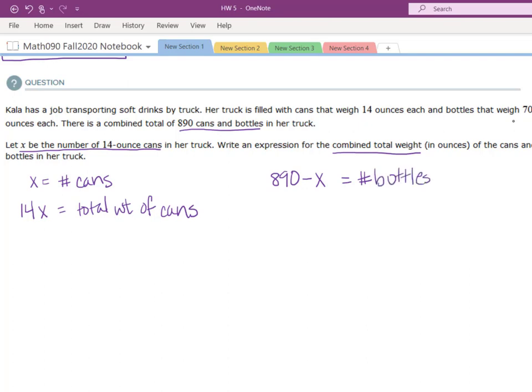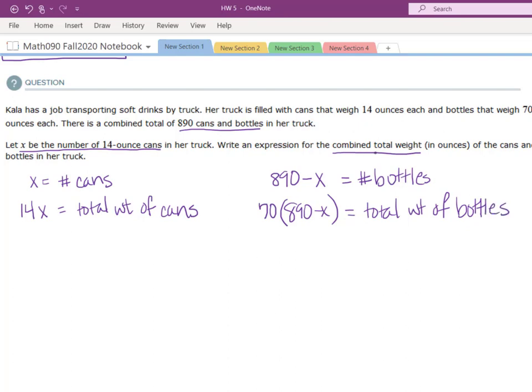And these are big bottles, it looks like, because they weigh 70 ounces each. So to get the total weight of the bottles, I need to multiply 70 times the 890 minus X. So weight of one bottle times the number of bottles that we have. And this will give us the total weight of bottles.